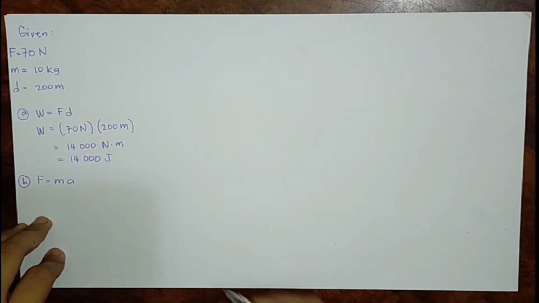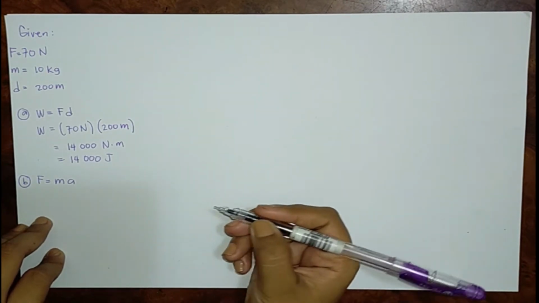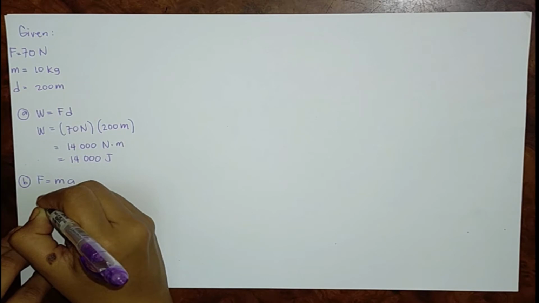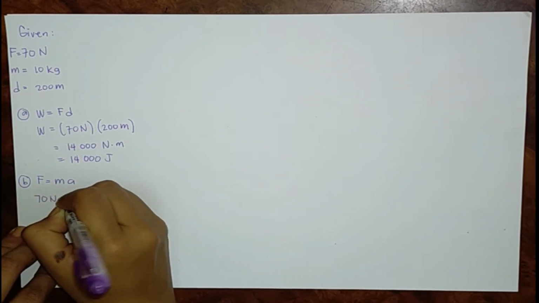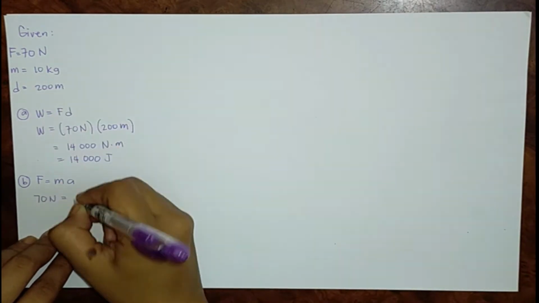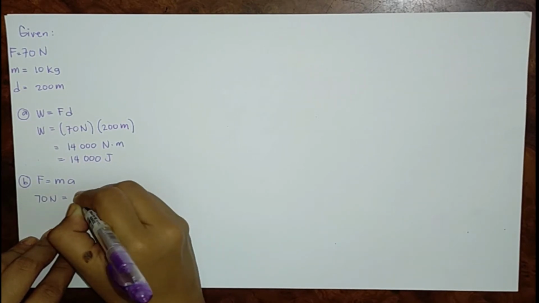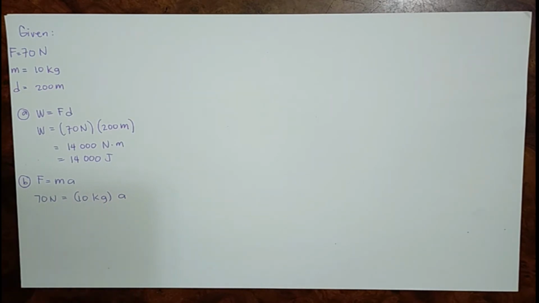Now let us go back to the values in the given. So we have the force, which is 70 newtons, equal to the value of mass, which is 10 kilograms, times the variable a for the acceleration.